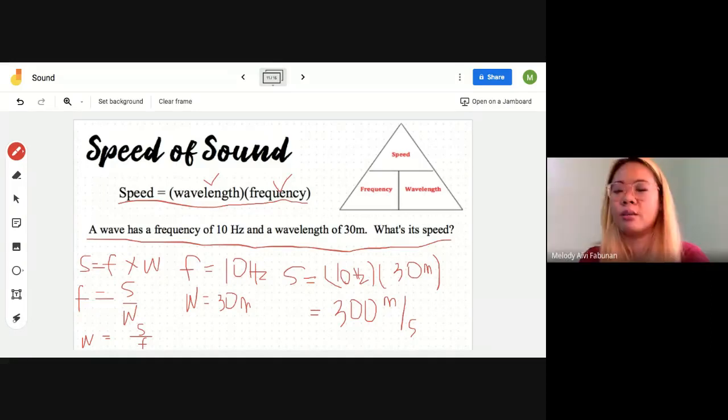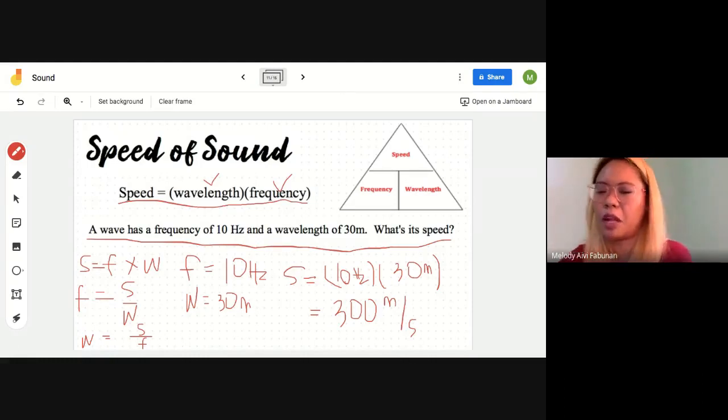So 10 multiplied by 30 is 300 meters per second. Okay, so let's try. I think I have 3 examples here. Teacher, bakit meters per second pa rin? Tinalo niya yung speed. Di ba with speed, we use meters per second?